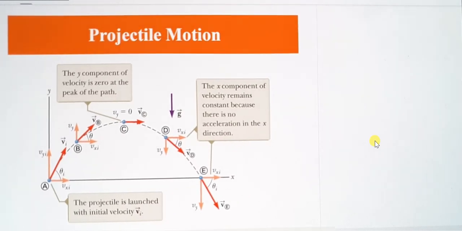Okay. Now we come to projectile motion. The good news is projectile motion is a special case of two-dimensional motion. Why is it a special case? Because we have motion in the x-axis and motion in the y-axis, and in the x-axis we don't have acceleration in projectile motion.